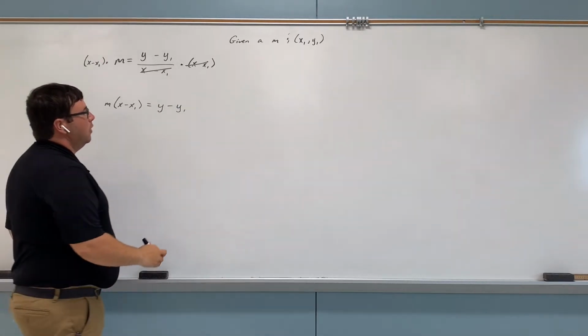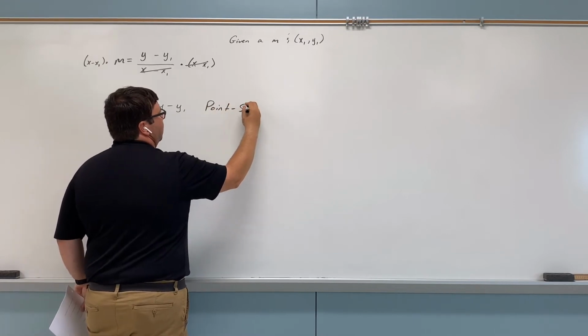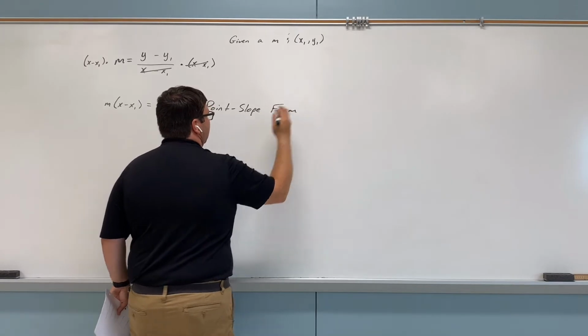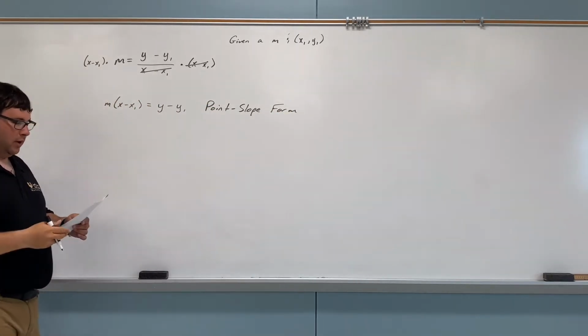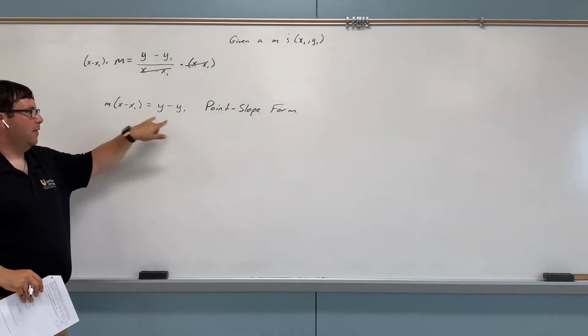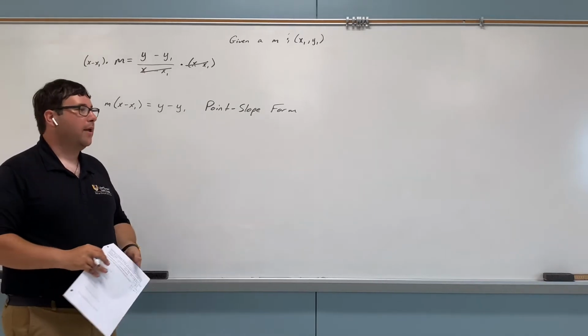And this is what we call point slope form. And you may see it written as it is also on your paper where the y's are on this side, the m and x's are on this side. It's the same exact thing either way.